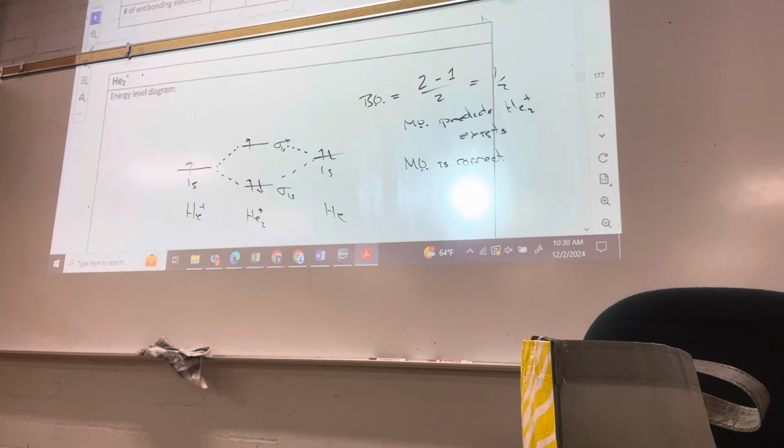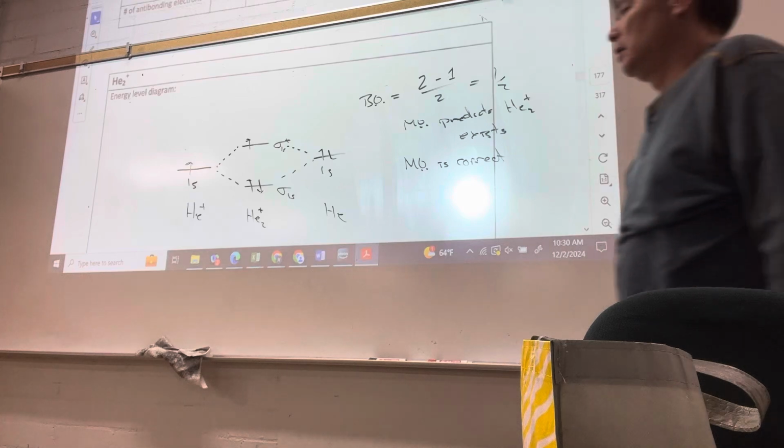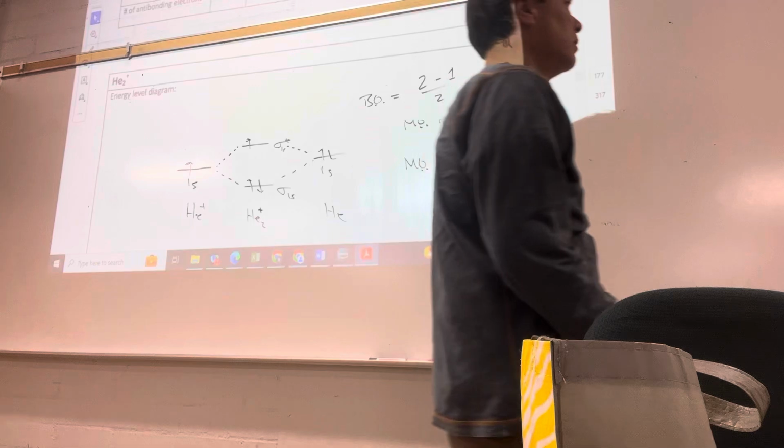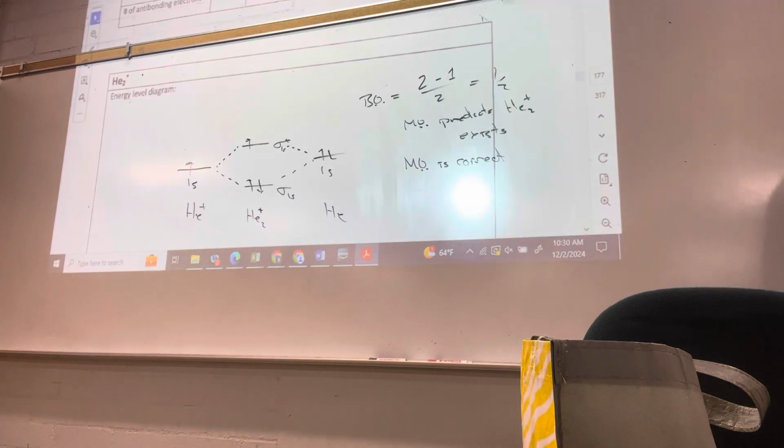So for example, the sigma 1s is similar to a 1s sigma orbital from the overlap. And so what we have to do is imagine the electron cloud density a bit different. And just in certain cases, it's quite a bit different. In valence bond, we try to cram in 3 electrons in here, in the electron cloud.